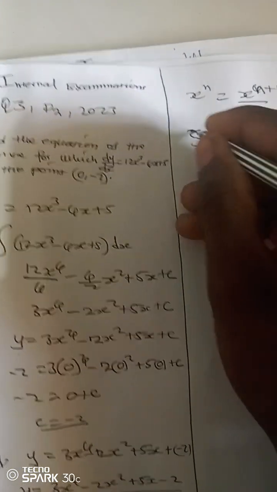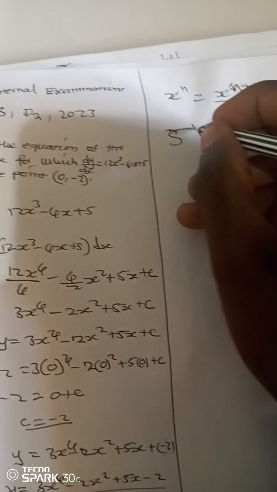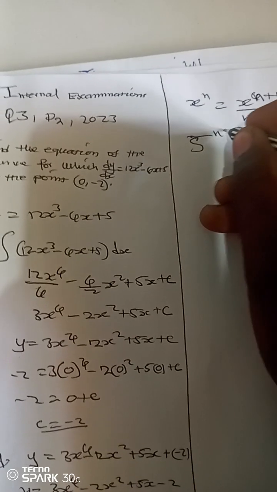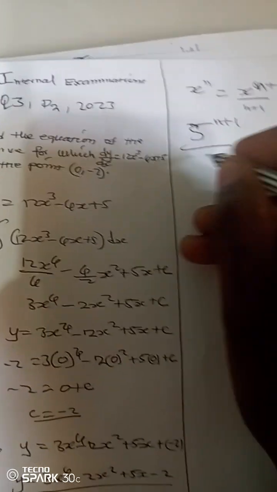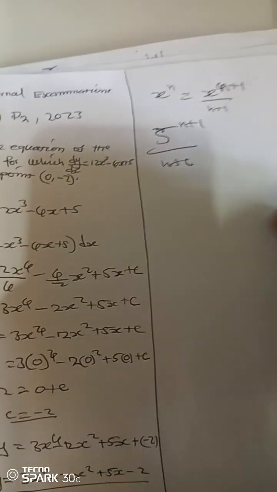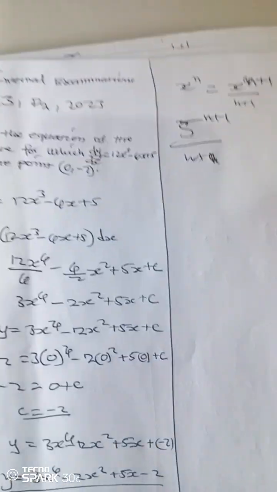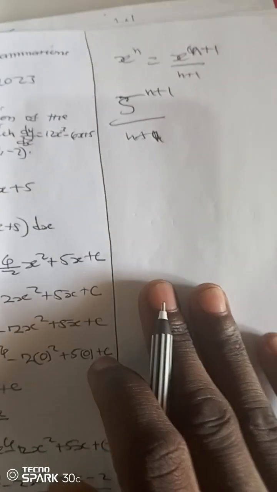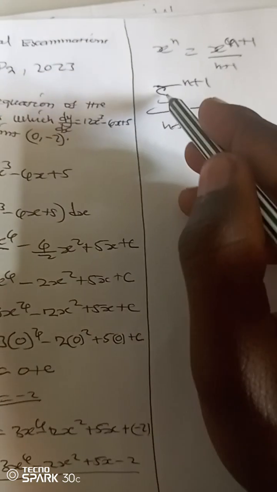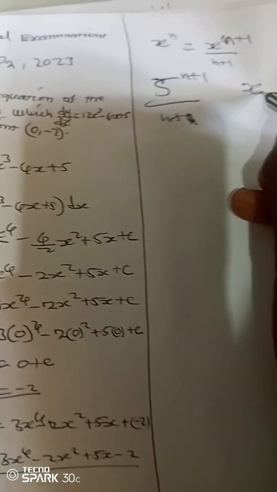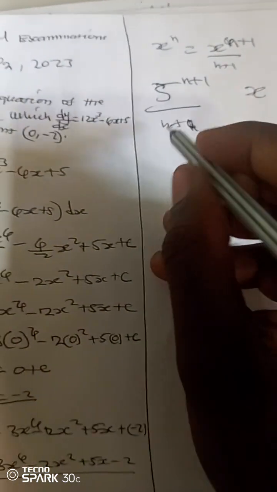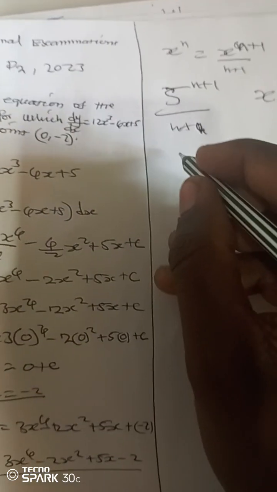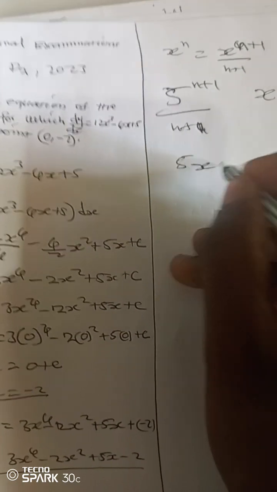What we normally do is, since x is not appearing, we put it here, so it's 5x.